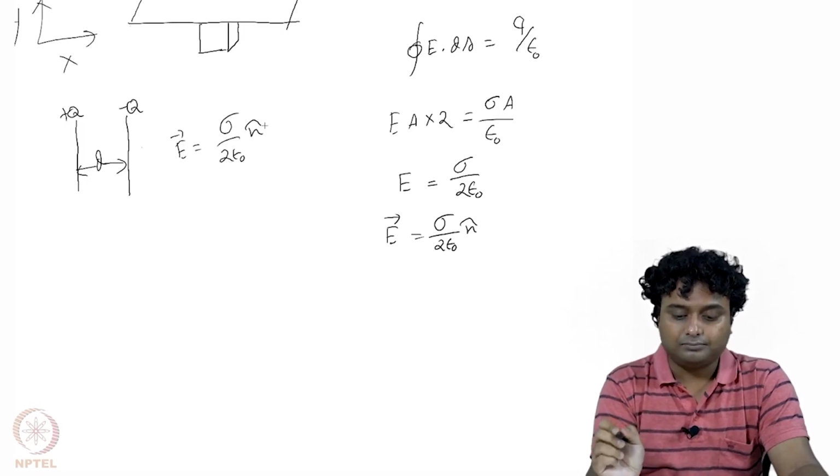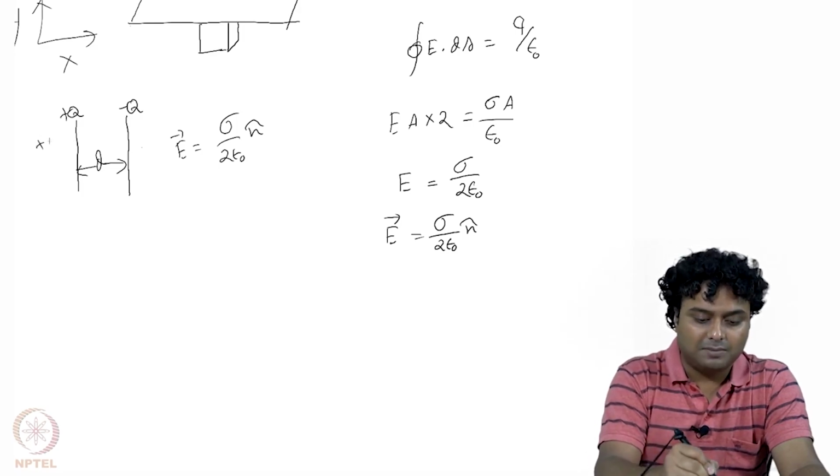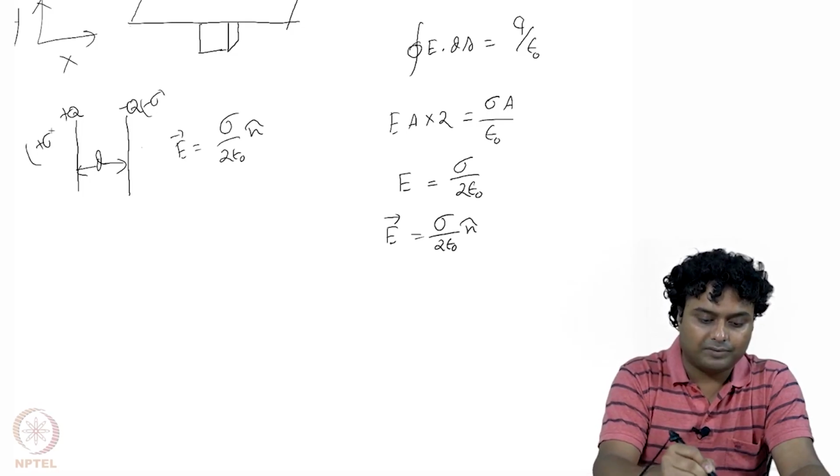Now here for plus q, let us say this is the same, then we can consider that the charge distribution here is plus sigma and here it is minus sigma, okay.